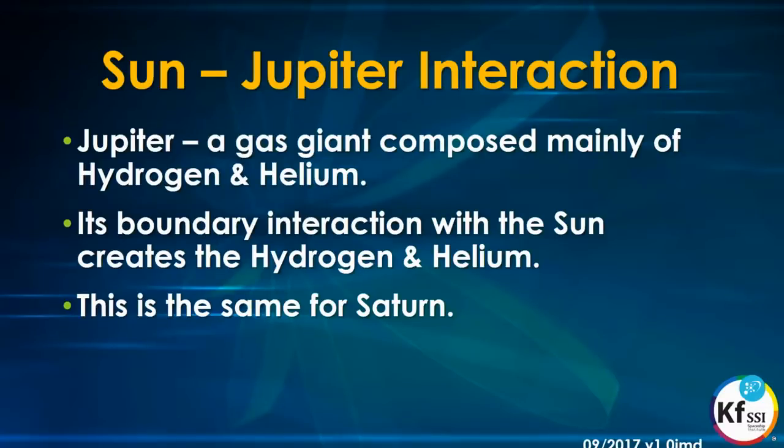And it's the same for Saturn. So as you can see, it's just the positioning of the planet in relation to the sun, and it's the interaction of these fields which leads to the creation of nitrogen in the case of Earth, or in the case of Jupiter or Saturn, you're mainly getting hydrogen and helium.